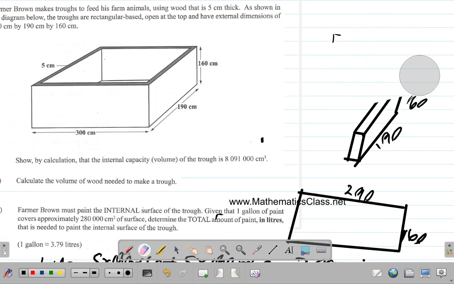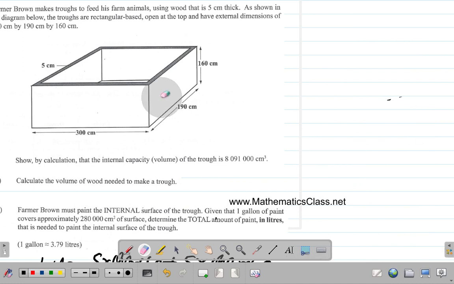So, you want the surface area. You see the inside of the surface. If you make this piece of board go all the way, then it would be 160 high by 190 wide.